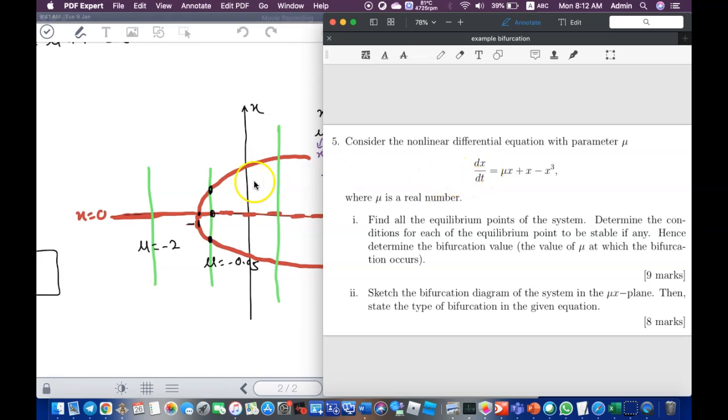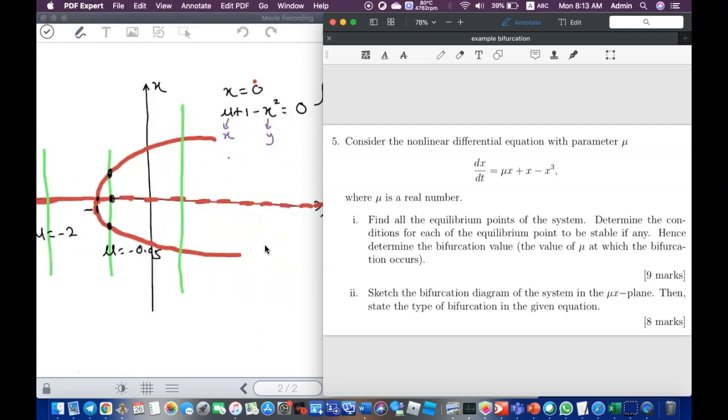And you can determine that the two here, which is positive square root and negative square root, they are stable. But x equal to 0 is unstable. So this behavior will be the same for any mu as long as they are in this region, in this category, which is mu greater than -1. Understand?